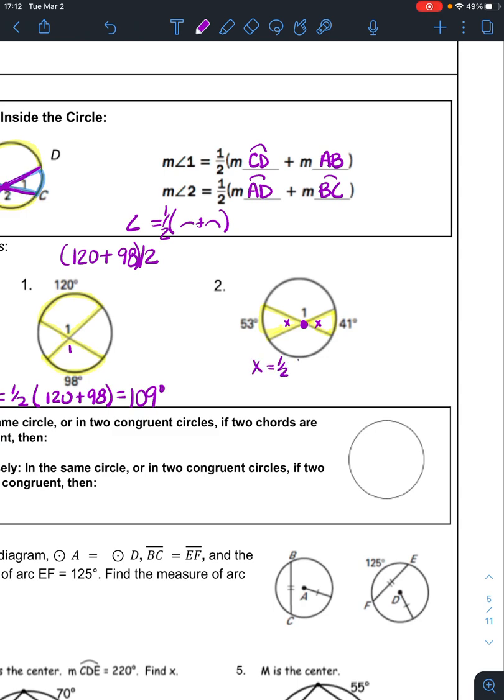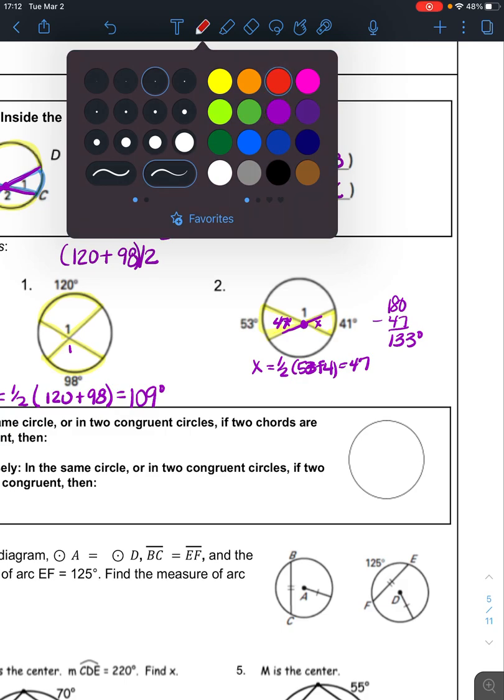So angle X is equal to half of the sum of 53 plus 41. So half of 53 plus 41 is 47. So that means that angle X is 47 degrees. Well, those form a linear pair. And so if you take 180 and subtract 47, you get that angle 1 is 133 degrees.